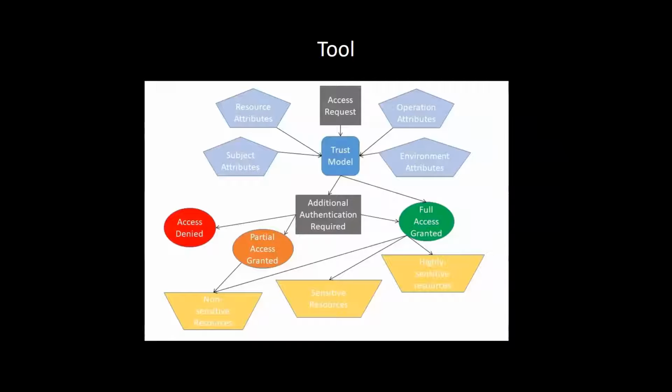So this is what I just explained. The trust model will get inputs from resource attributes, subject attributes, operation attributes, and environment attributes. Once the authentication process is done and the request comes to the access, the trust model gets initialized and the trust score is built, and then based on the other attributes like resource and operation attributes, either additional authentication is required or full access is granted.